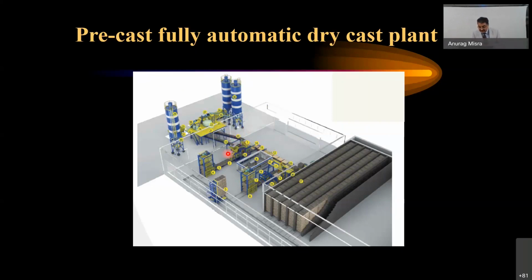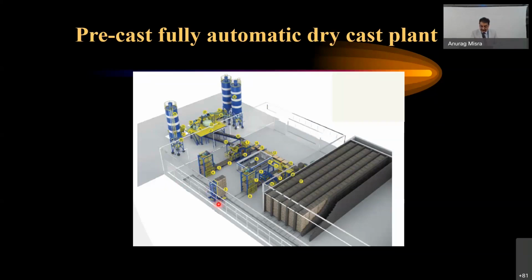So once this casting is done, it is normally done on pallets of steel, and then this automatically moves to the stacking mechanism, where there is a chain mechanism. So one pallet and then second, it moves up.